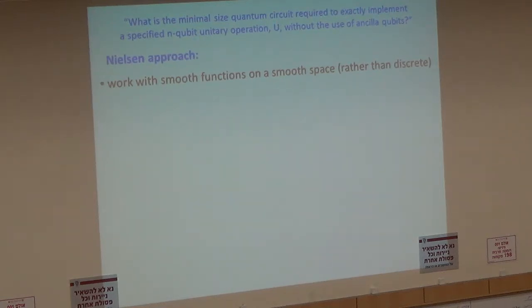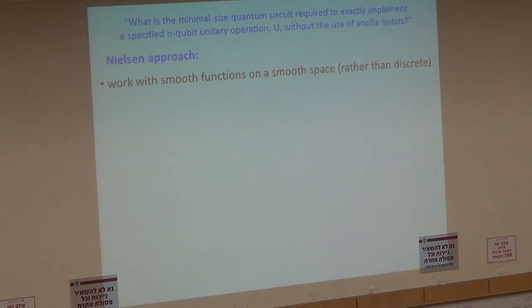Well, first of all, just to compare, what he was thinking about was a simple state of n qubits, and he wanted to find a circuit that would take him to some specified state of those qubits. So he's doing a slightly different problem. It was more the problem that I was describing when I described the rules of complexity.